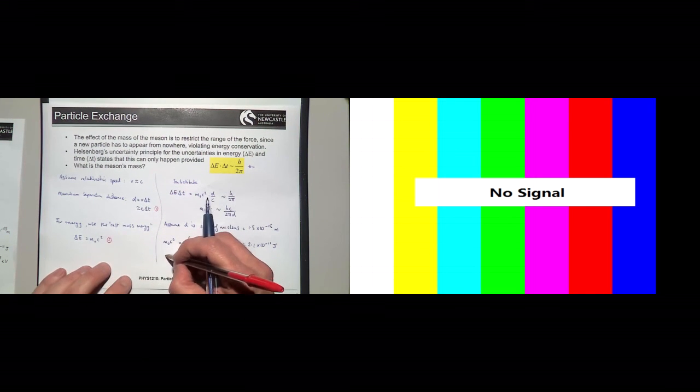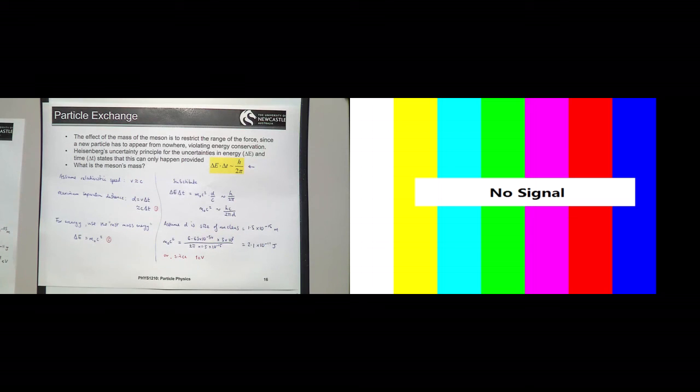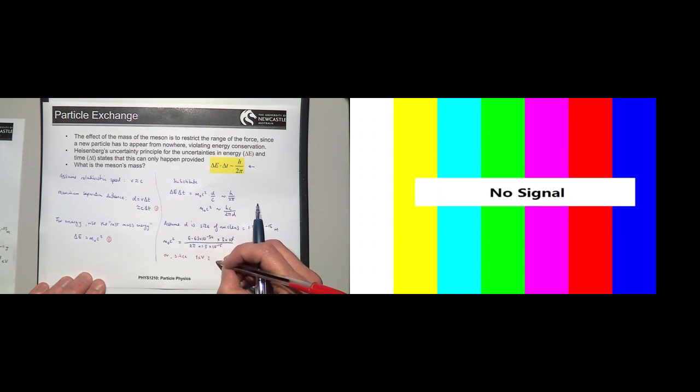And what we typically do is to convert that into a more convenient unit of energy. We mentioned electron volts before. An electron volt is just defined as 1.6 times 10 to the minus 19 joules.